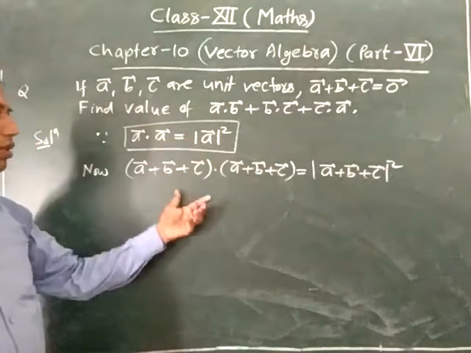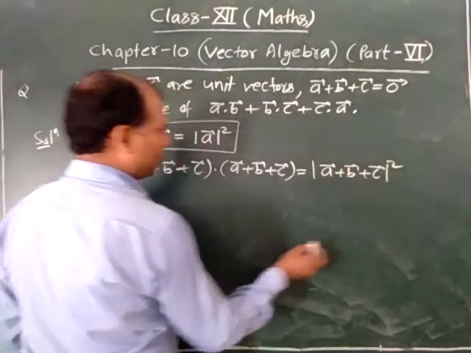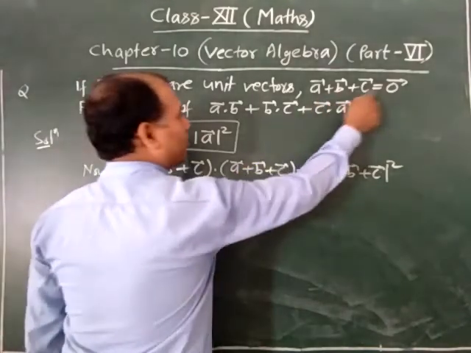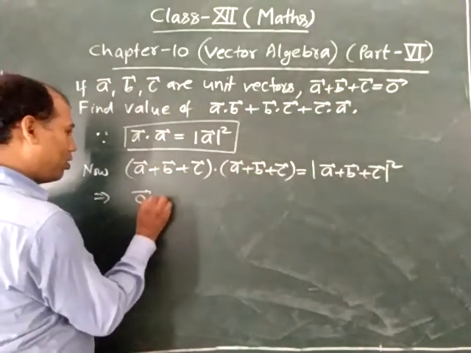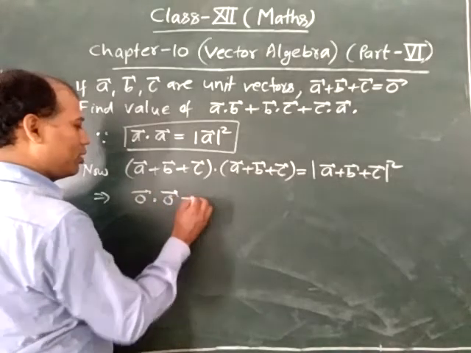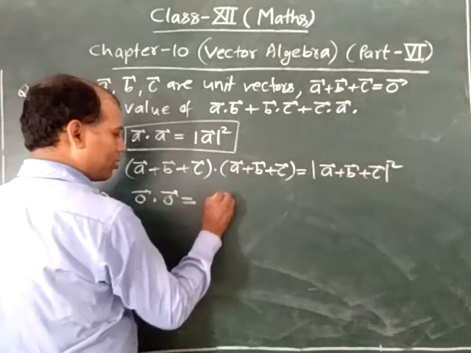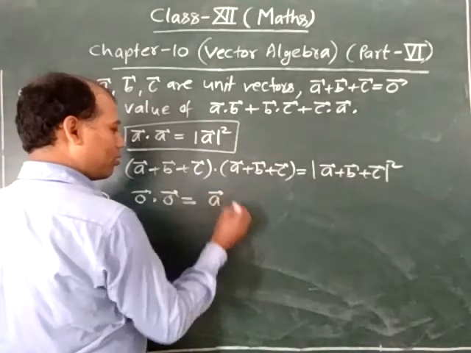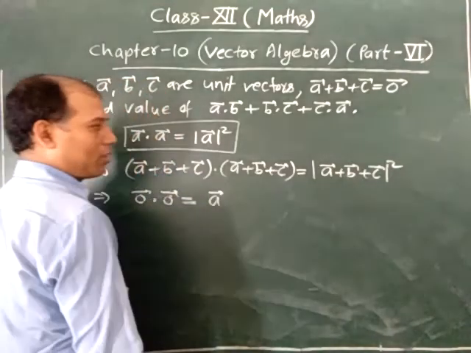By using this formula we can write it as, and the value of A plus B plus C is the 0 vector, so this can be written as 0 dot 0 is equal to, now we expand this by using the identity of (A plus B plus C) square.